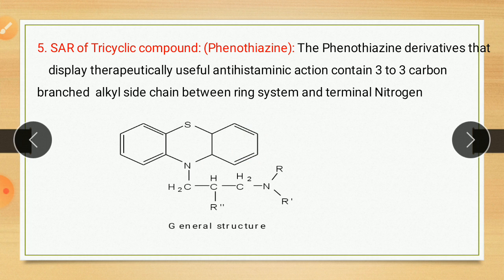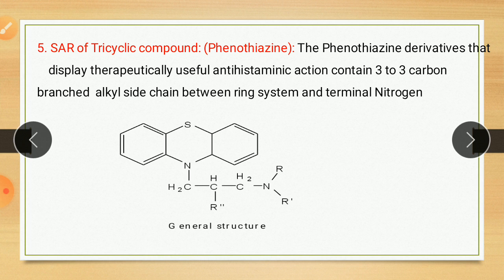So it is an unbranched propyl side chain compound. In short, drugs with a branched side chain show antihistaminic activity, and drugs with an unbranched propyl side chain show antipsychotic activity.